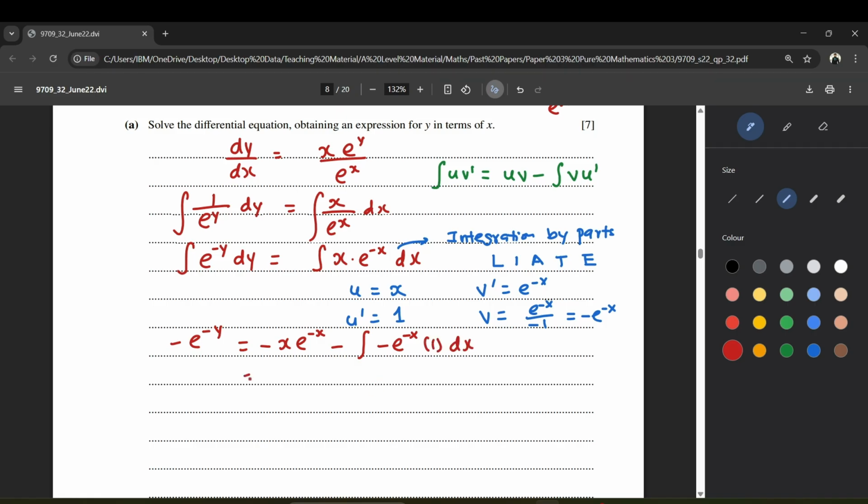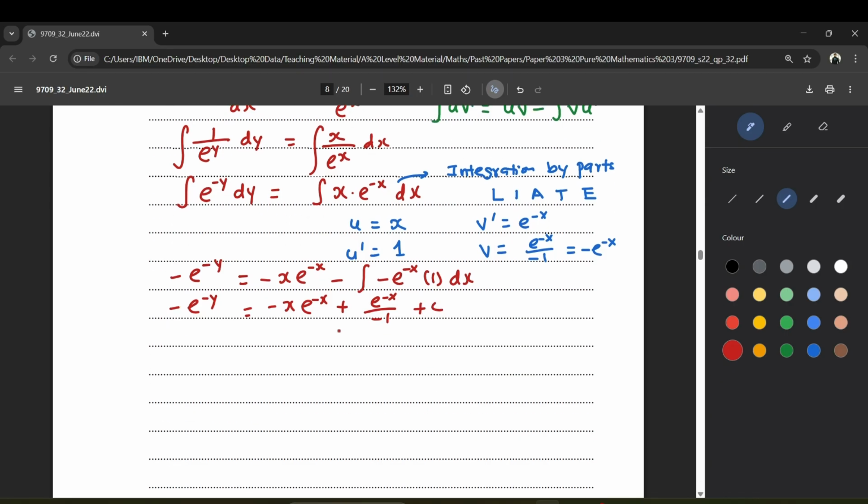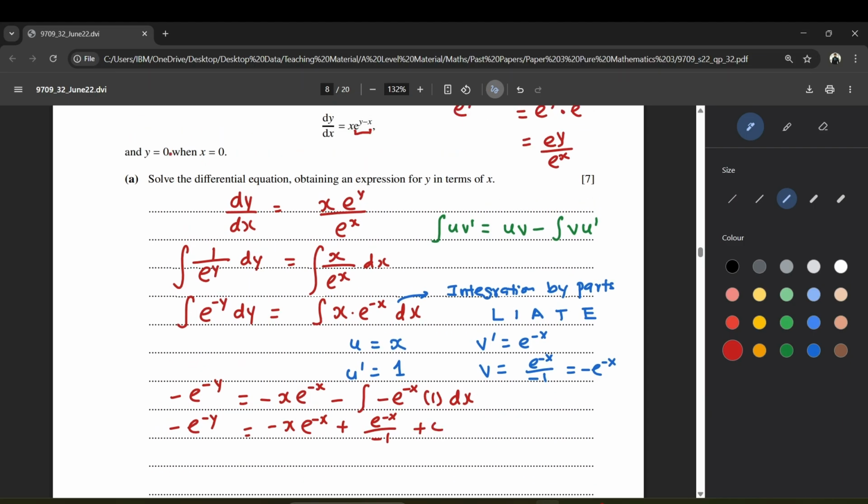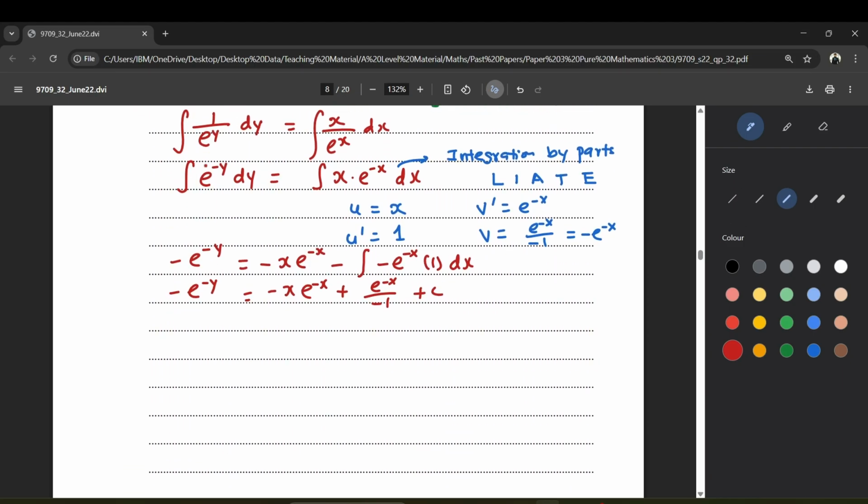Okay, then we can write this down as, now minus minus becomes plus, and now if I integrate e to the power minus x, that becomes e to the power minus x divided by minus 1 plus c. So now you can see that we have ended up with one more negative, right? And also what we can do is directly substitute that y equals 0 and x is equal to 0.